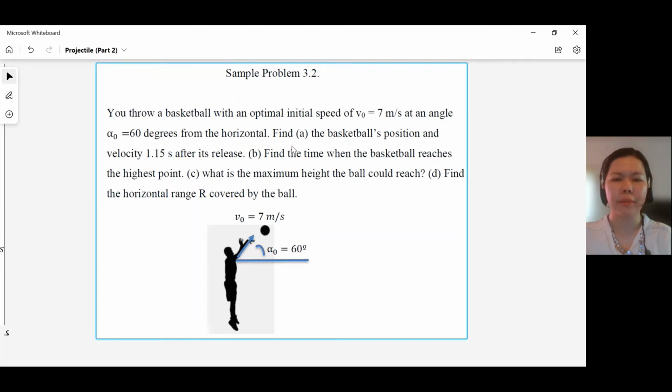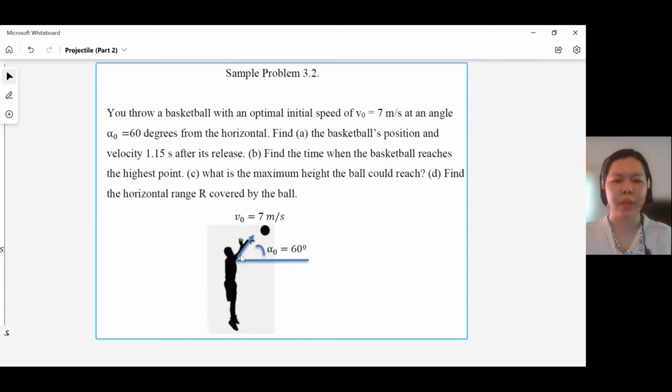Find letter A, the basketball's position and velocity 1.15 seconds after its release. Letter B, find the time when the basketball reaches the highest point. Letter C, what is the maximum height the ball could reach? Letter D, find the horizontal range covered by the ball. So here we have the sketch.